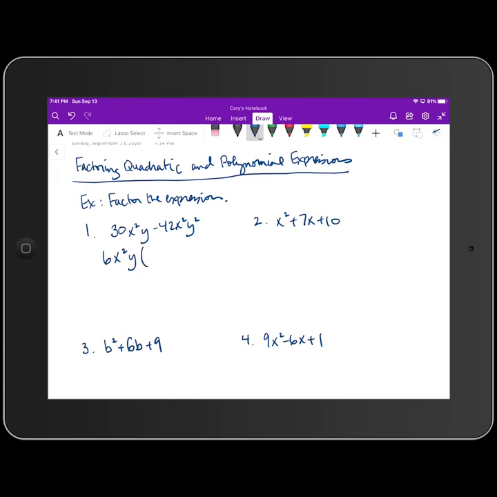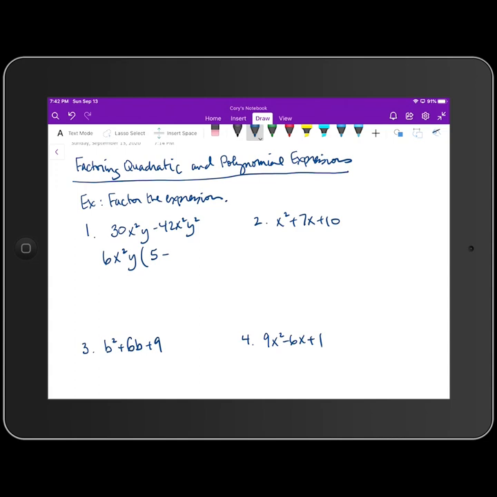All right, so when we factor that out of both expressions, we want to think to ourselves, what times 6x squared y gives us the first term 30x squared y? That's going to be 5, minus. Then we think, what times 6x squared y gives us the next term 42x squared y squared?